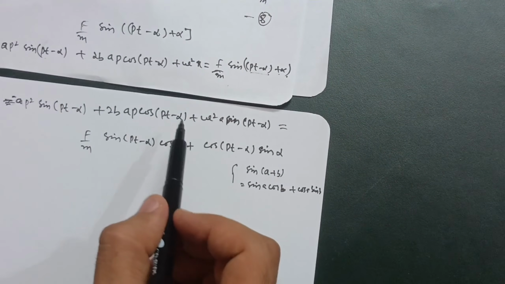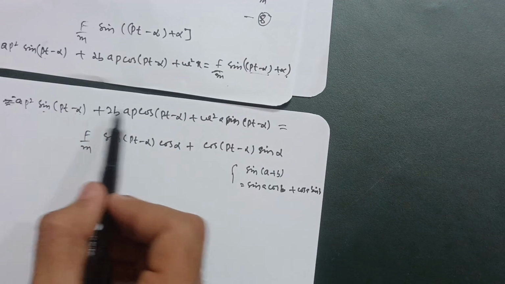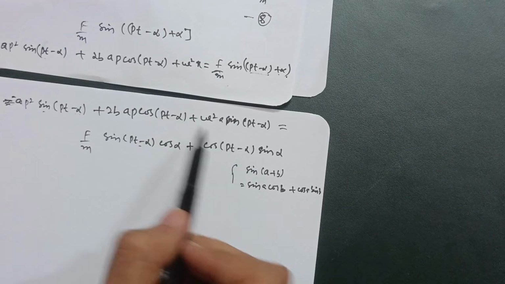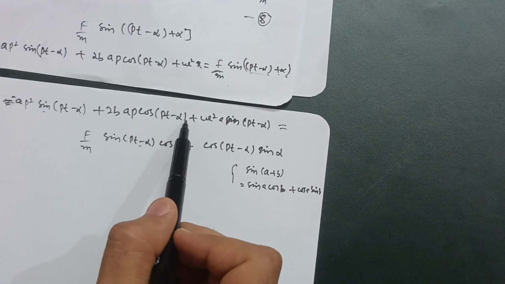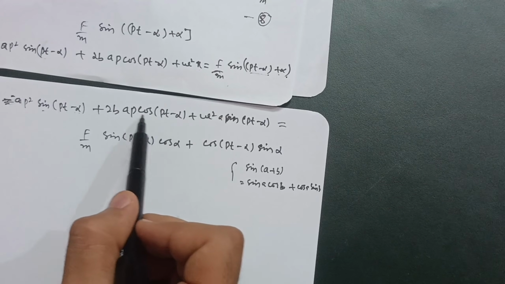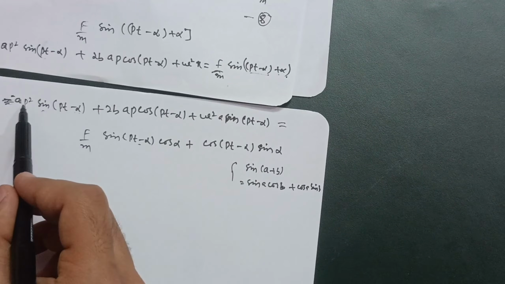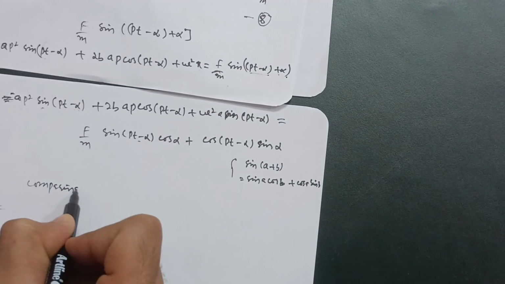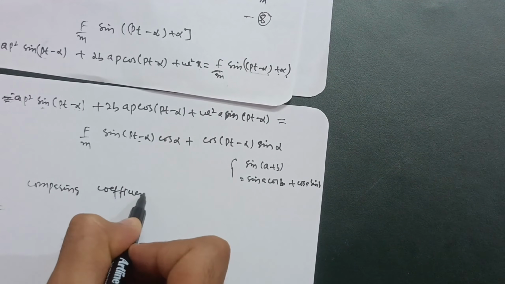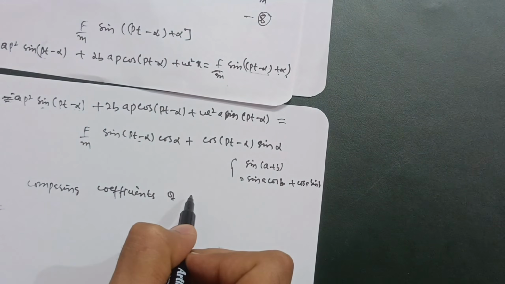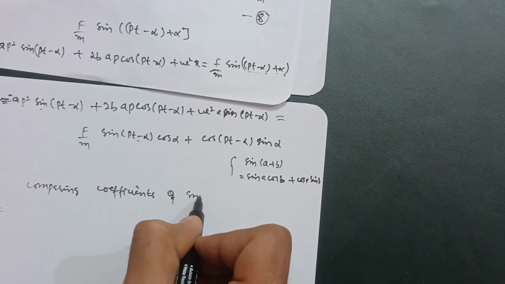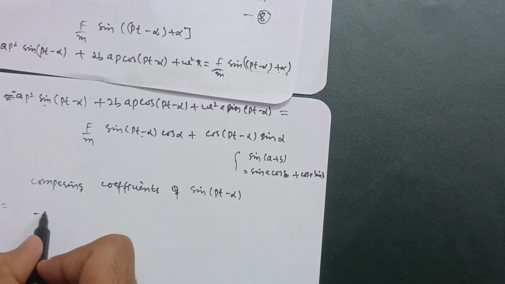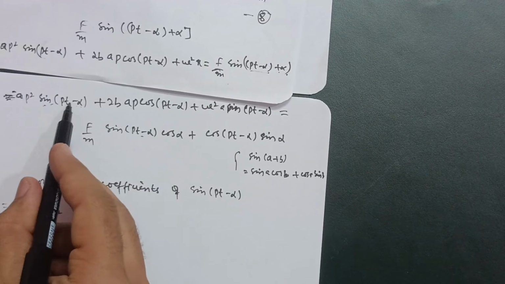Now comparing the coefficients of sine of (pt minus alpha) on both sides. Here there is sine (pt minus alpha) and cos (pt minus alpha), and on the other side also; you have to equate the coefficients. Comparing coefficients of sine of (pt minus alpha), I can write minus ap square as the coefficient of sine (pt minus alpha).